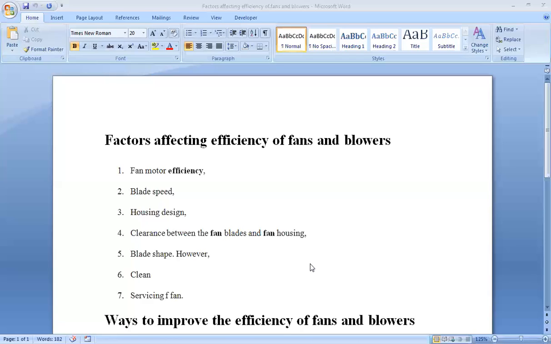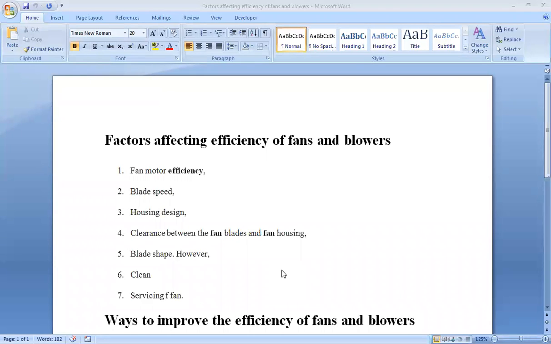For example, transformer winding, or if the fan is used in an air conditioning system for cooling of the pipes, heat pipes, or sometimes in cooling towers for cooling the water.